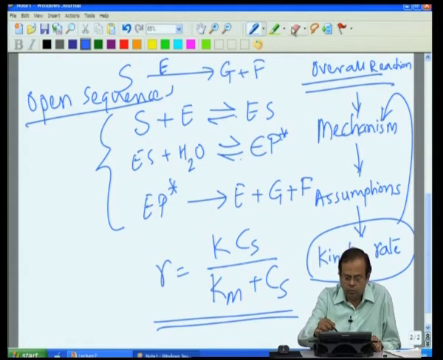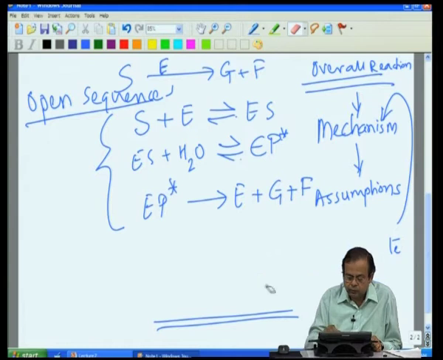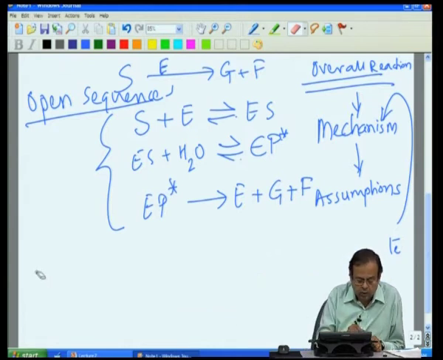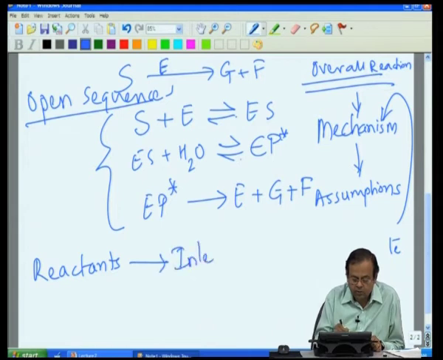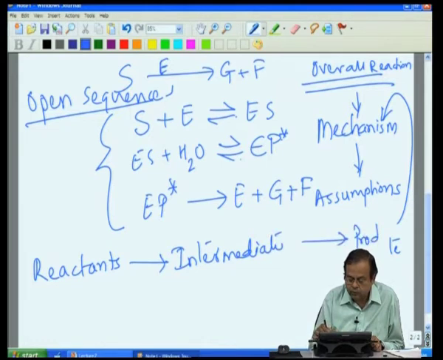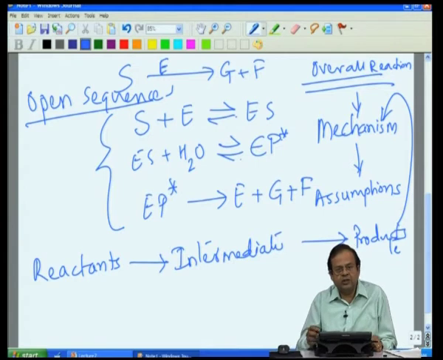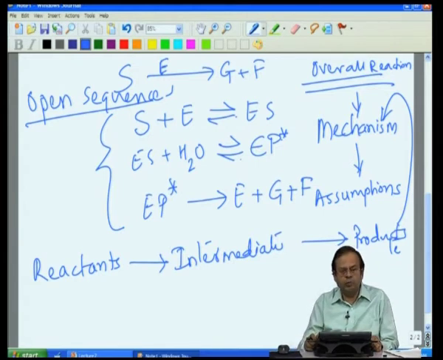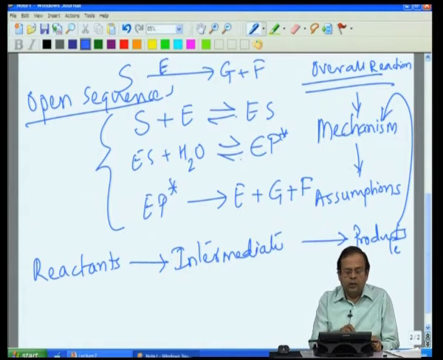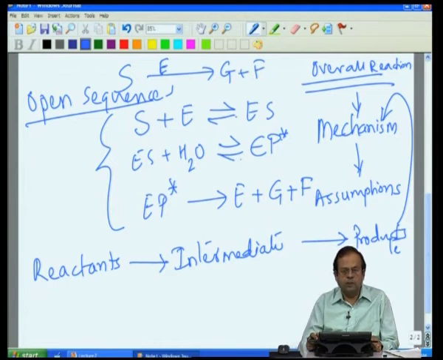So, to be brief, we have reactants, intermediates, products. It need not be a linear sequence like this, but that is the order in which information is flowing. This is what we call open loop sequences. This catalysis is an example of an open loop sequence.